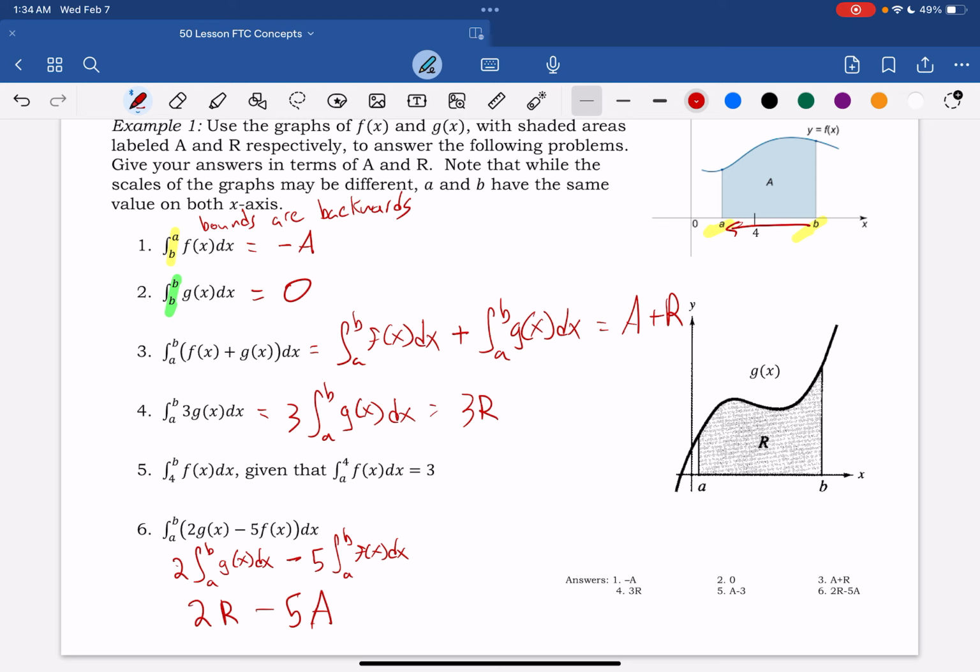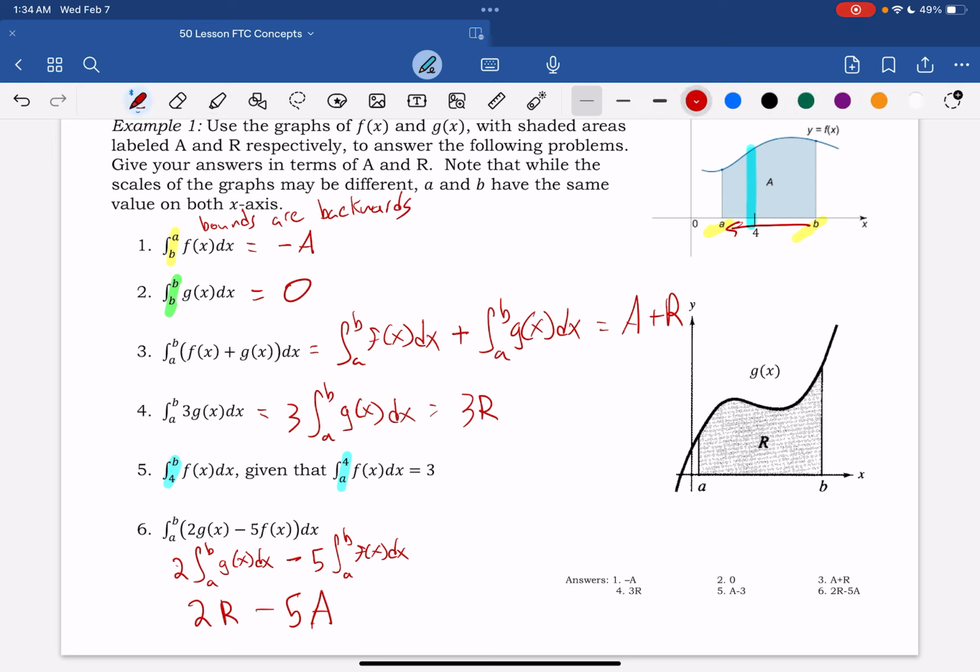And going back up here to 5, we want to pay attention to the bounds here, because we can see that one of them is going from 4 to b, and the other is going from a to 4. We can notice that 4 is in between a and b.